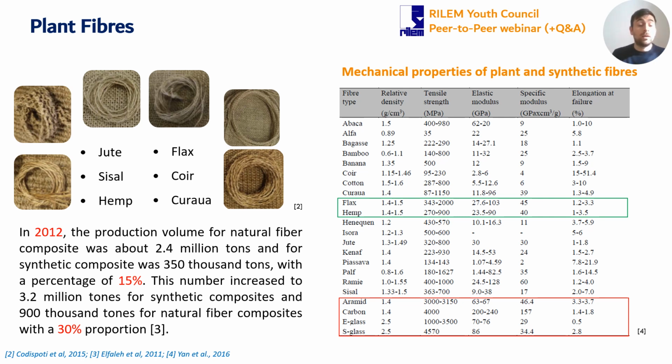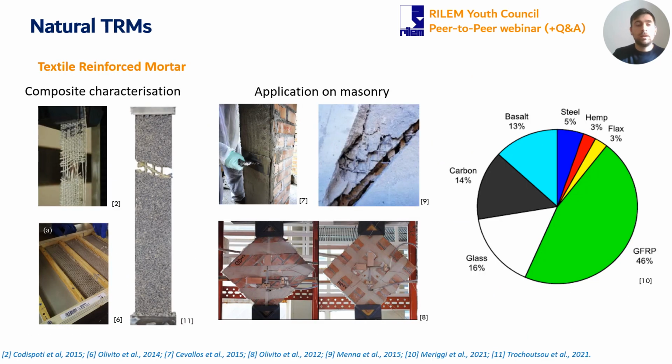In fact, plant fibers represented in 2012 the 15% of all the classes of fiber adopted in composites. Nowadays this value has increased to 30%. Textile reinforced mortars are composites characterized by an inorganic matrix, either lime or lime-based or cement-based matrix, with conventional high-strength fibers.